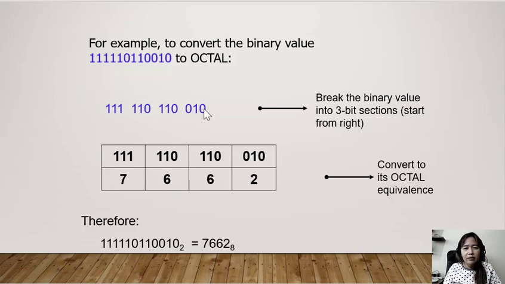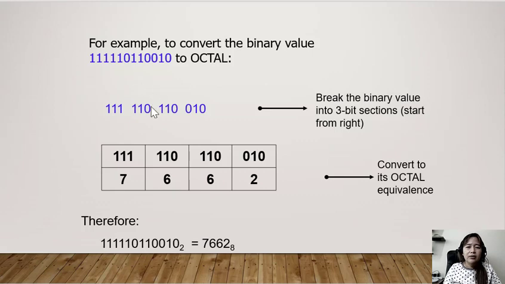So we have 010, and then 110, and then another section with 110, and the last and final section will be 3 zeros. There are no other remainders to the left, but if there are any, as I mentioned earlier, you just add zeros.